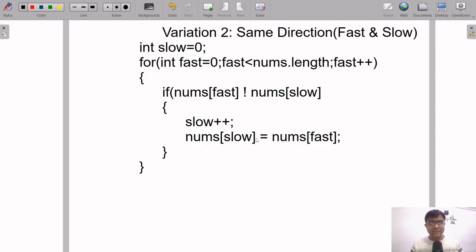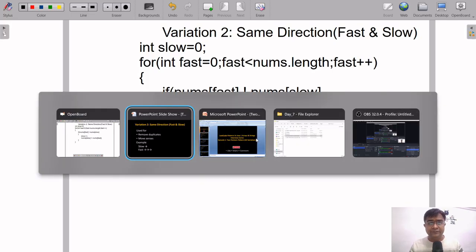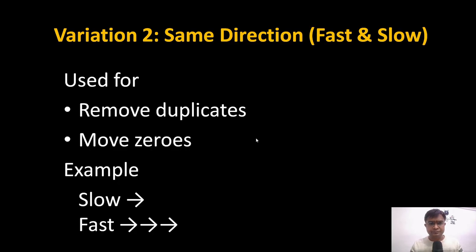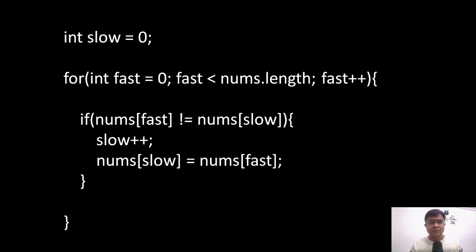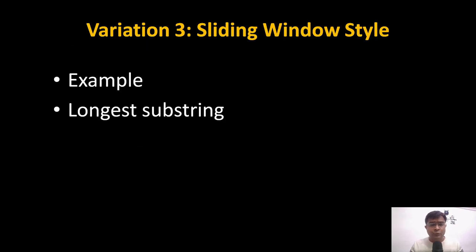Now let's quickly move on to the third variation. This third variation is basically the sliding window style. In this sliding window style, you may encounter LeetCode problems like longest substring and so on.